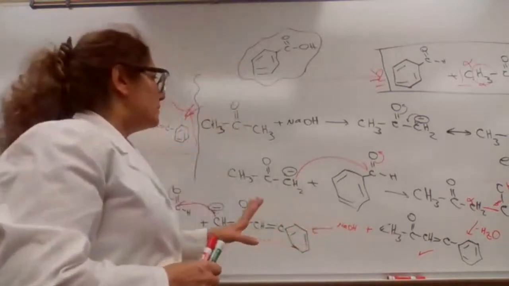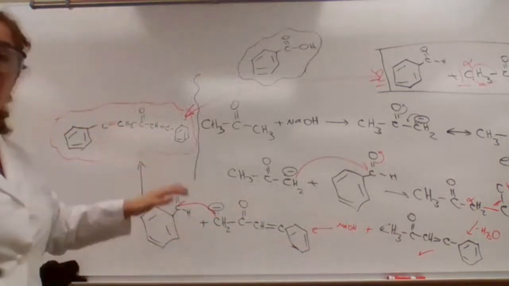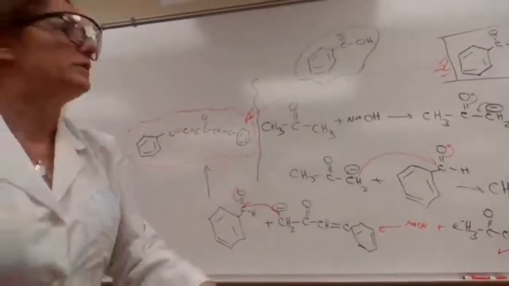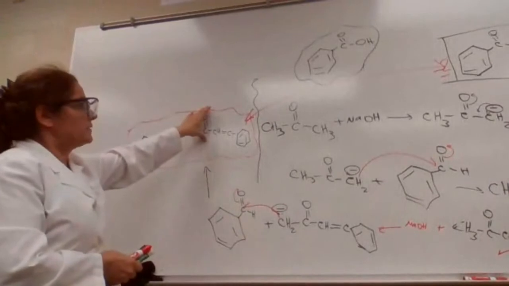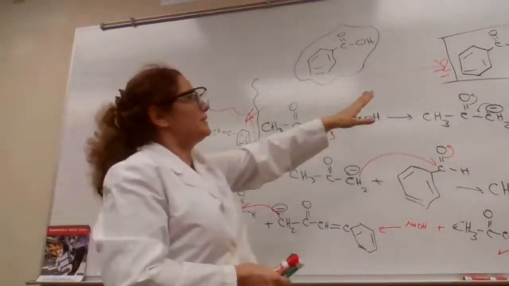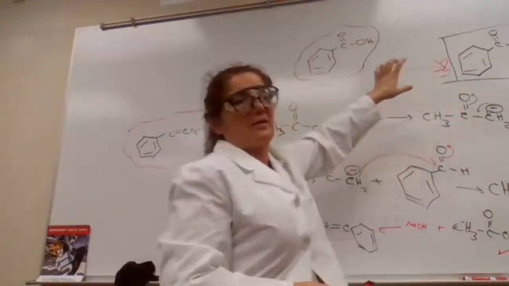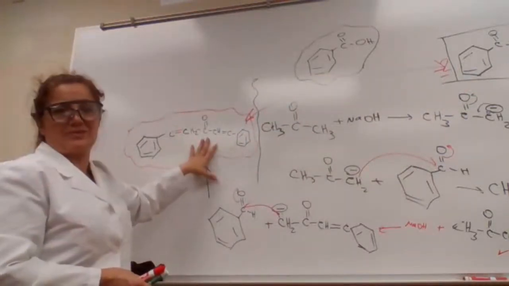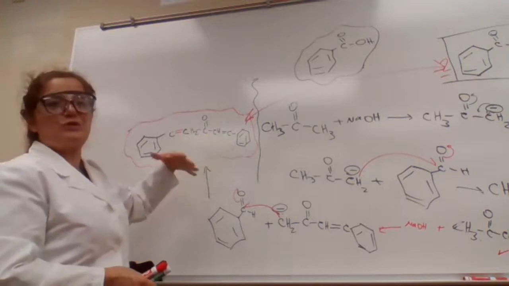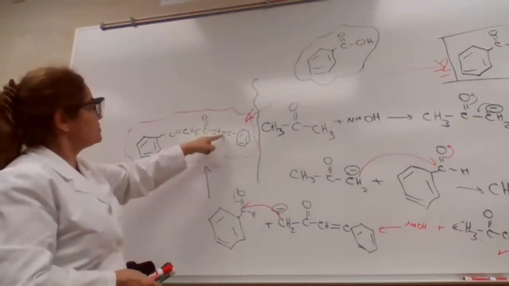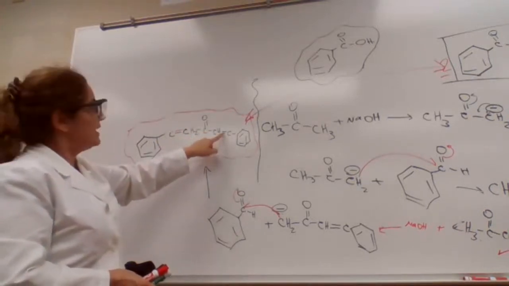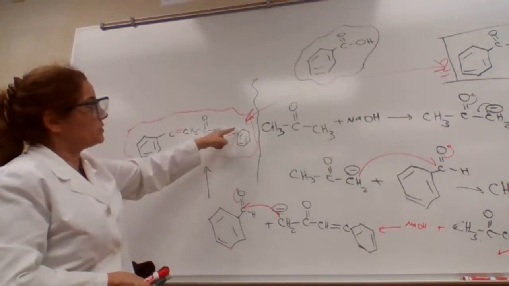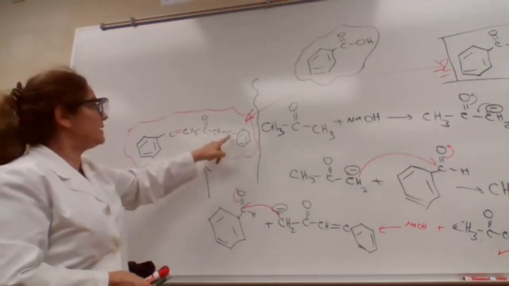Now, what is happening here for your final product? Your C=O double bond is conjugated for benzaldehyde, but is super conjugated for dibenzalacetone. It is conjugated with the C=C double bond, which is conjugated with 3 double bonds in the benzene ring.